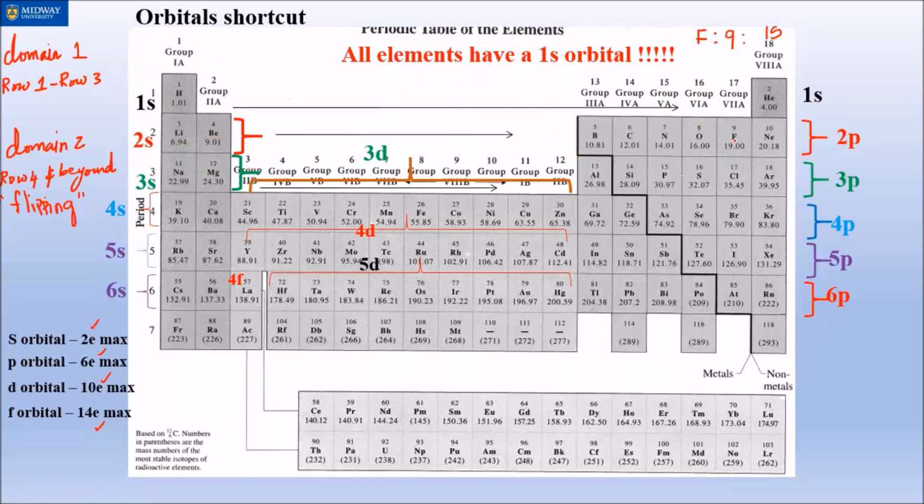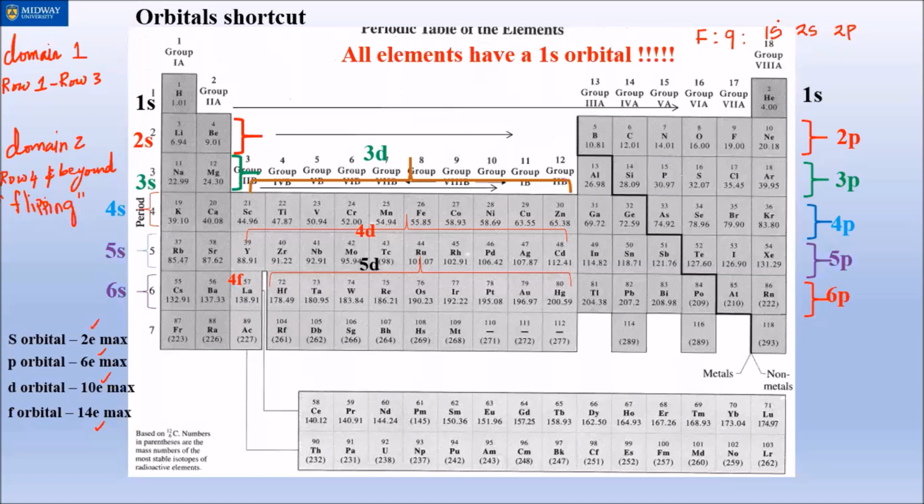So to get to the 2p window, you have to bypass 2s. So 2s, and then I'm in the 2p window, which is where fluorine is, so I stop right there. And I start filling electrons from left to right. I fill the maximum in every orbital except the last one, because I'll show you why.